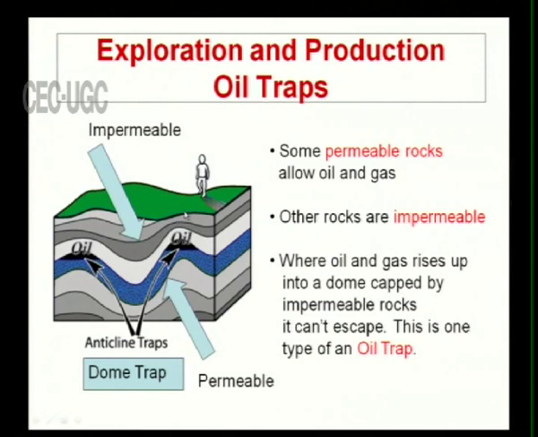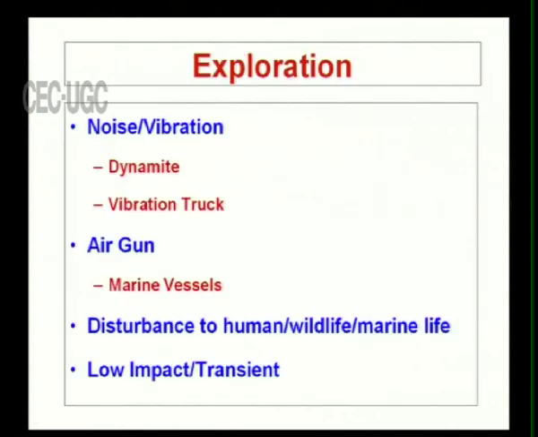So first we have to explore where oil is available. In this process there is a lot of noise and vibration: dynamite, vibrations of trucks, air guns, marine vessels, and disturbance to humans, wildlife or marine life, which is low impact or transient.